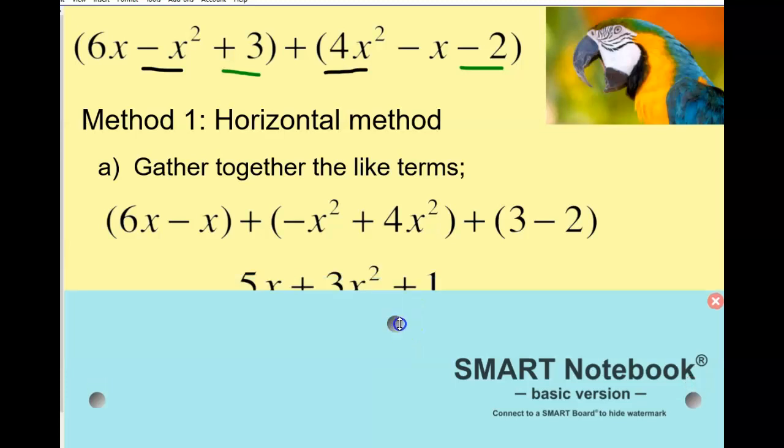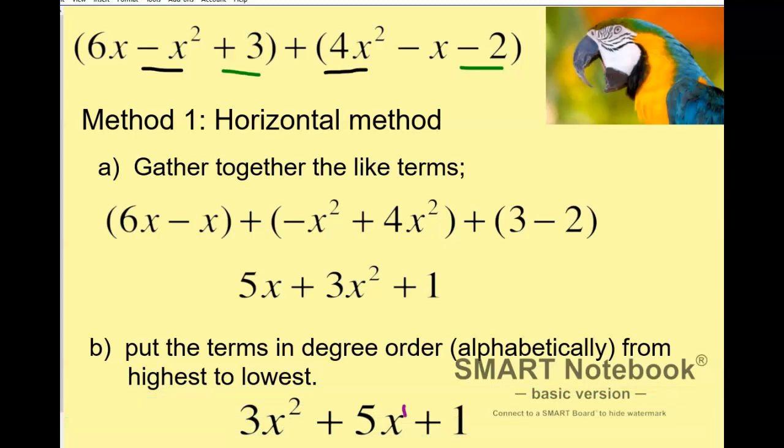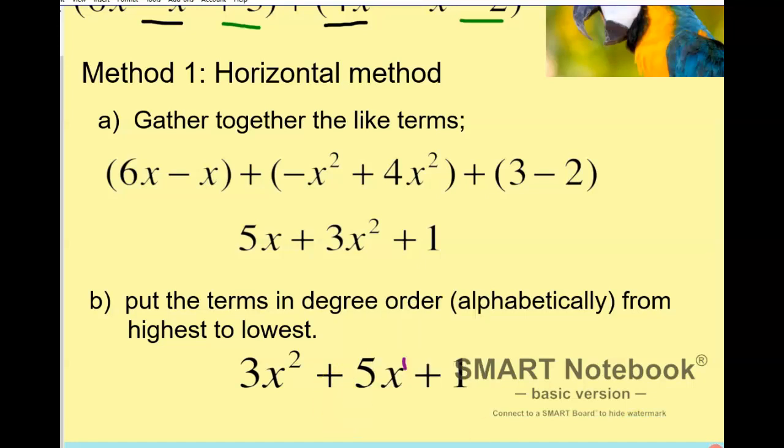If I add up each one of those individually, 6x's take away 1x gives me 5x's. A negative x squared and 4x squareds gives me 3x squareds. And 3 minus 2 equals 1. The last thing that I need to do is put them in order from highest to lowest. To do that, the only thing I need to do is make sure that the 2 comes first, then the 1, then the none, and put them in that order.